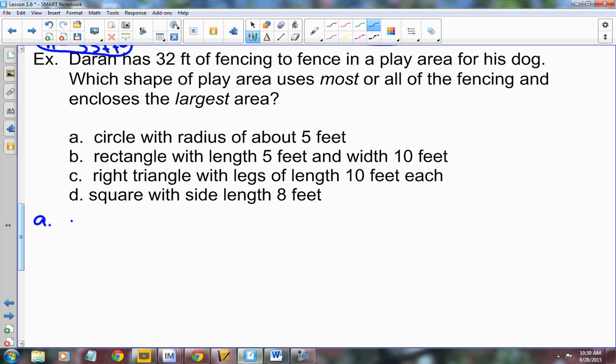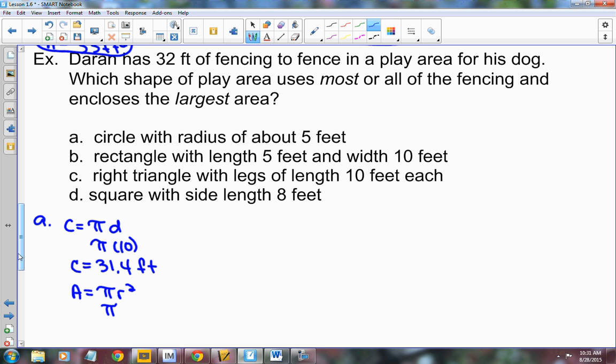So my circumference, which is pi times the diameter, I'm going to do pi times my diameter, which is 10. If I do pi times 10 or 10 pi, it's going to be about 31.4. That uses almost all the fencing, doesn't it? Then I want to look at the area, which is pi r squared.